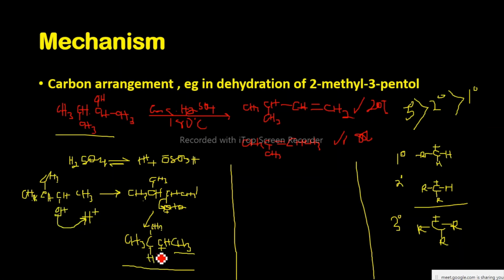If I get this hydrogen and I transfer it with its electrons to this carbon atom, we call this a hydride shift, because it is going as a hydride.